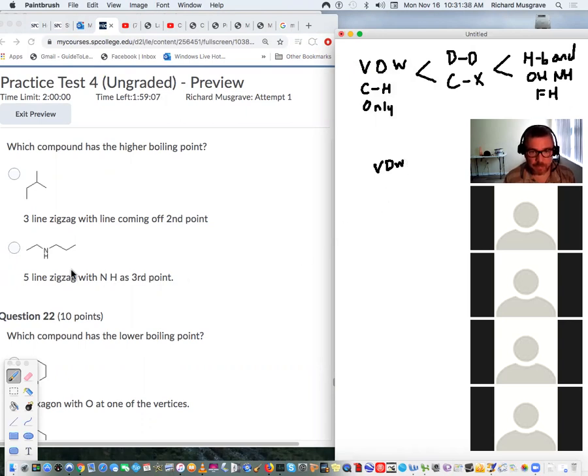And down here, I'm looking for the strongest force, and I can see I have an N-H there, and that would indicate that I have hydrogen bonding. I told you that this is the hierarchy of the strength of these intermolecular forces. So the one with the highest boiling point would be the hydrogen bonding. That would be the answer there. I want to make sure everybody understands exactly what I'm talking about here. Does anybody have any questions?